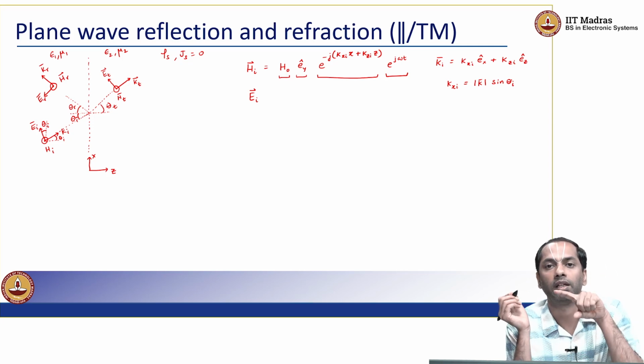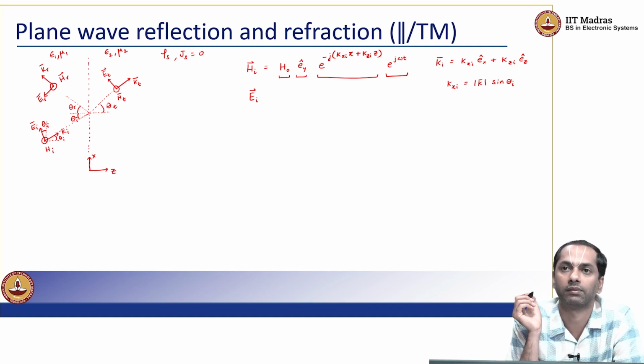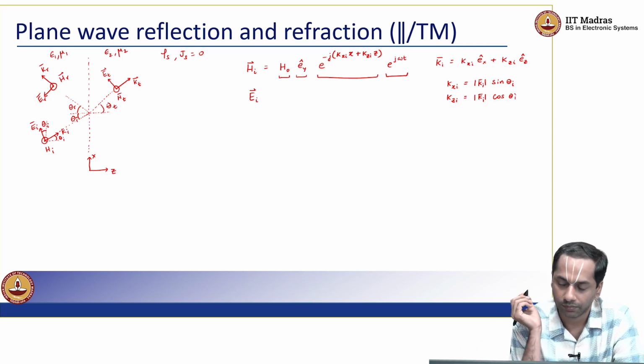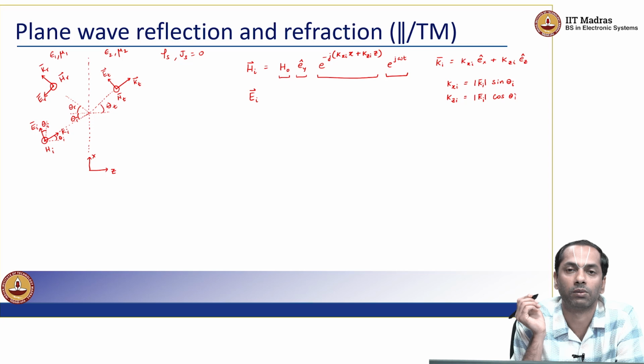The component of k that is along the x axis is k_i sine theta I. Similarly, k_zi is the modulus of k_i cos theta I. Okay, so I am basically just representing the k vector using the axes as defined by the boundary. So what can we do for the electric field now?